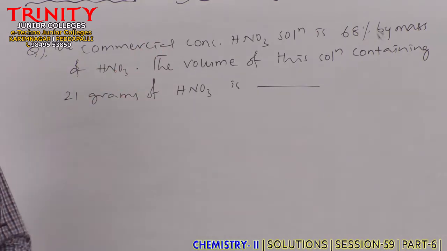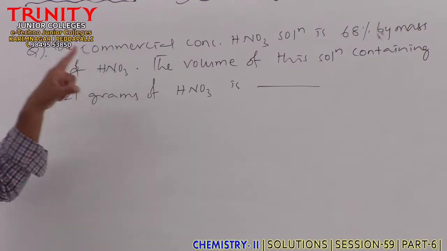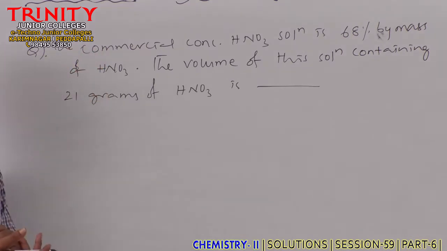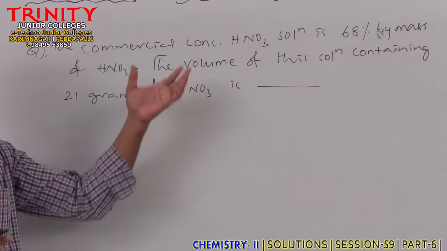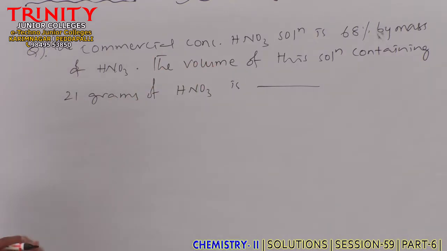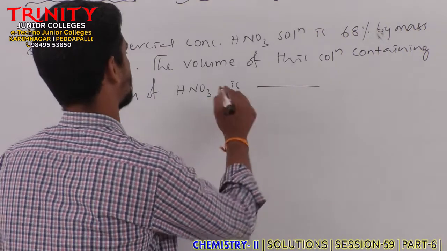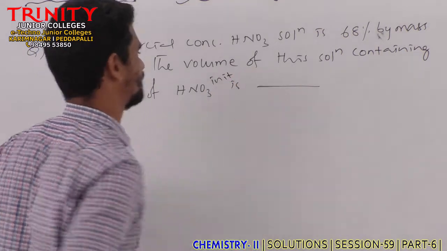So this is the question. From an objective point of view, such kind of questions will be given. The commercial concentrated HNO3 solution is 68% by mass of HNO3. Then find the volume of this solution containing 21 grams of HNO3 in it.